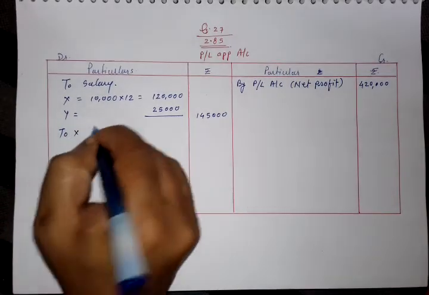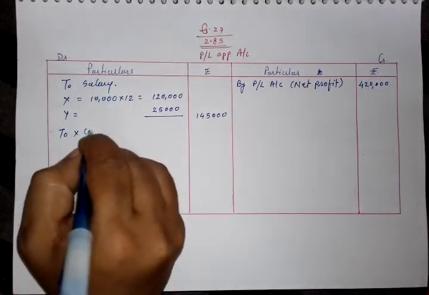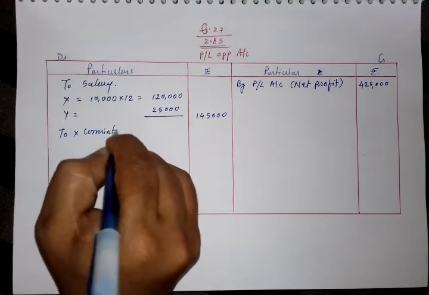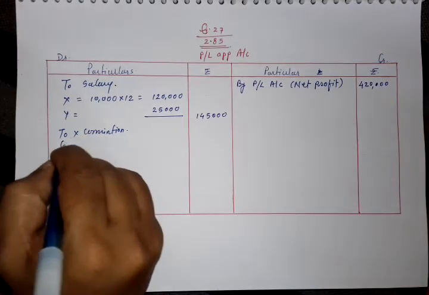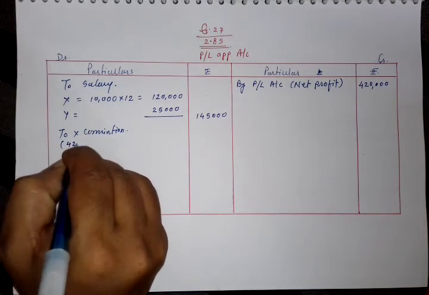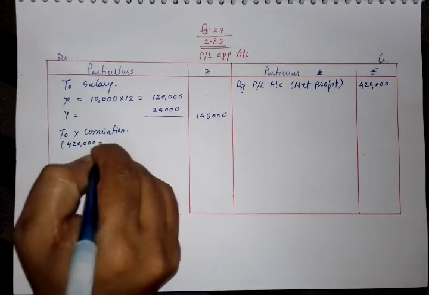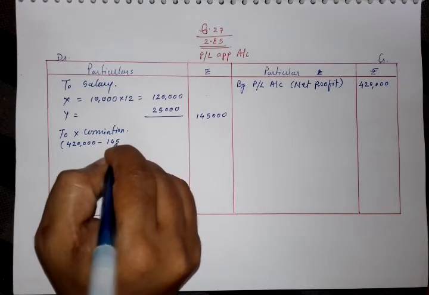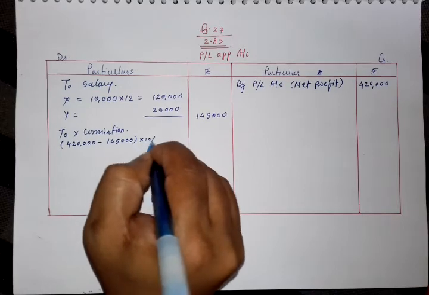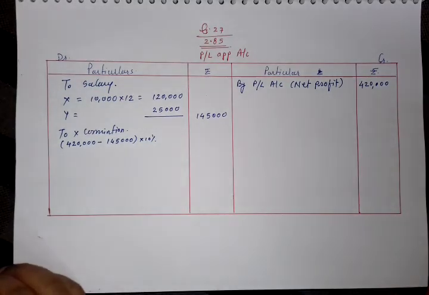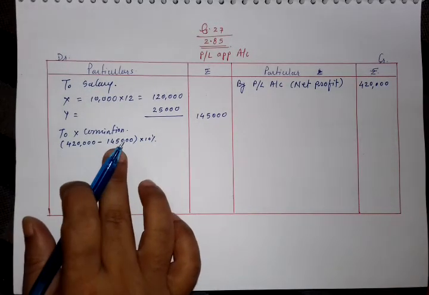Okay, that is clear. Now the calculation of commission to X. How is it calculated? 4,20,000 minus 1,45,000 into 10%. Why minus 1,45,000?